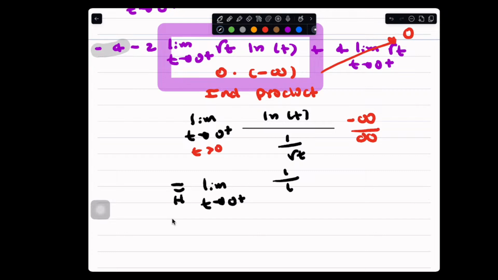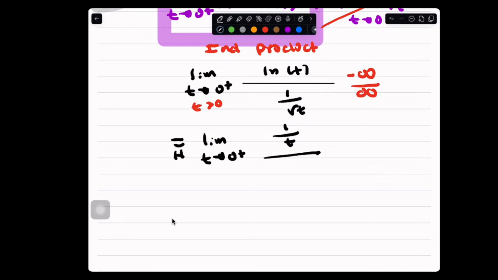So by L'Hopital's rule, I get the derivative of the natural log, which is 1 over t. And we want to note what the derivative of t to the minus 1/2 is.